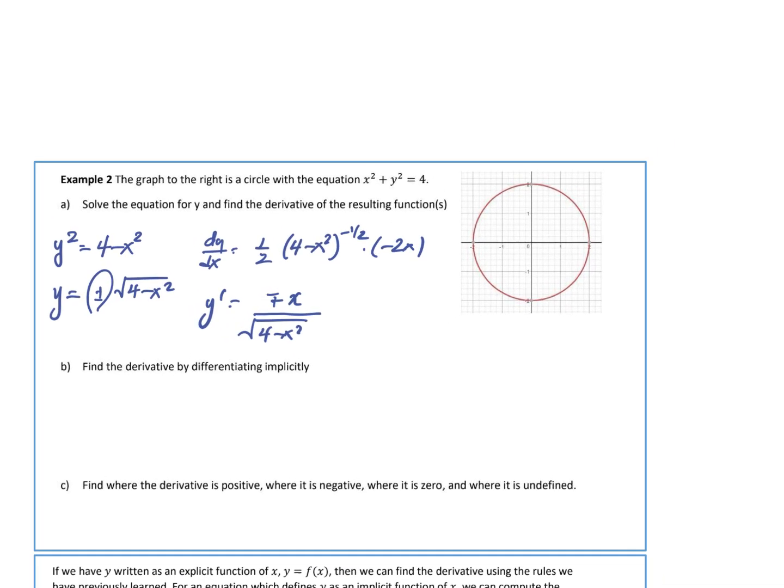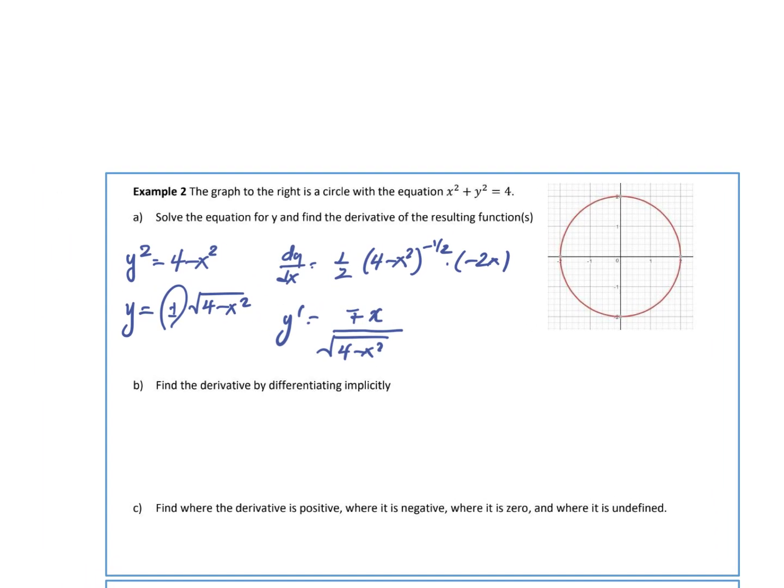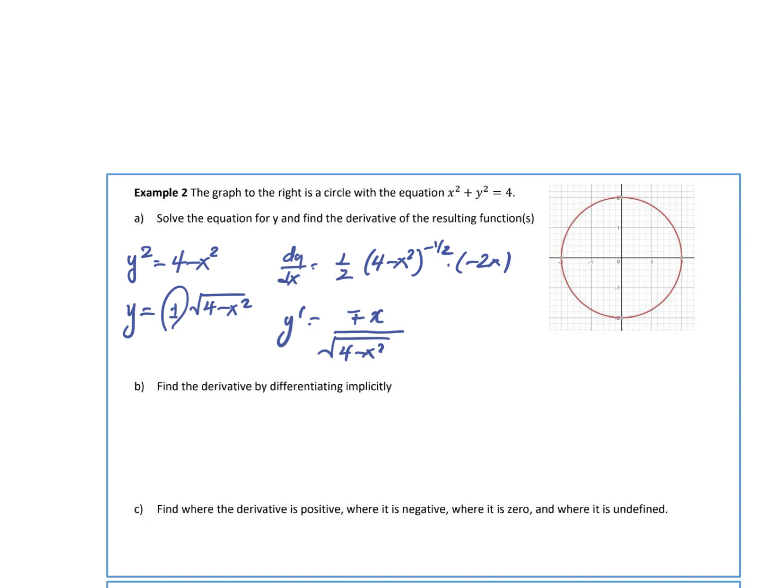So I could say x squared plus y squared equals 4. Deriving, I'm going to say 2x plus 2y times dy dx equals 0. What you need to do here is solve this equation for dy dx. So 2y dy dx equals negative 2x.